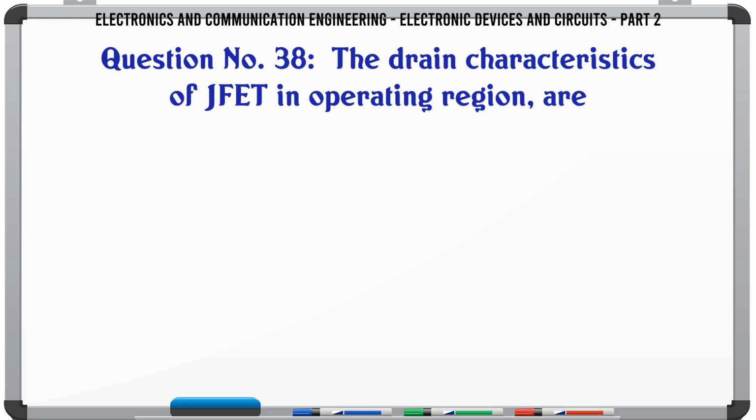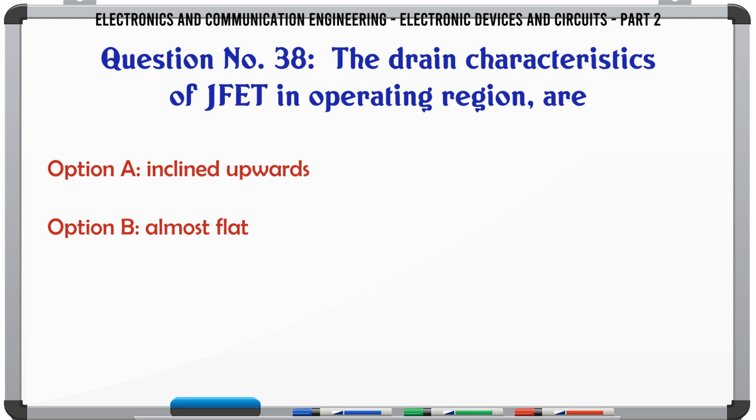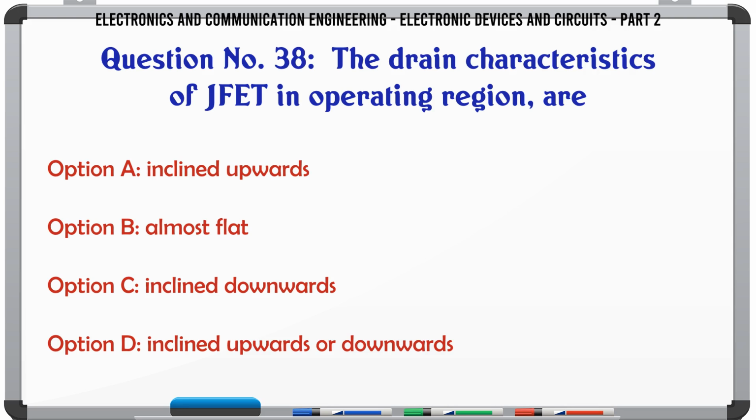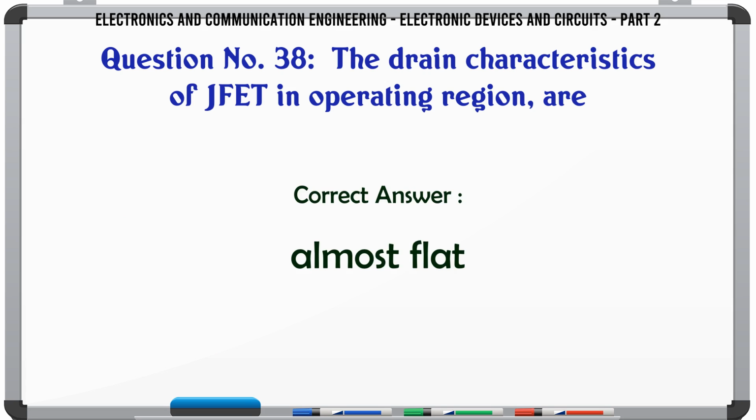The drain characteristics of a JFET in the operating region are: A, inclined upwards; B, almost flat; C, inclined downwards; D, inclined upwards or downwards. The correct answer is almost flat.